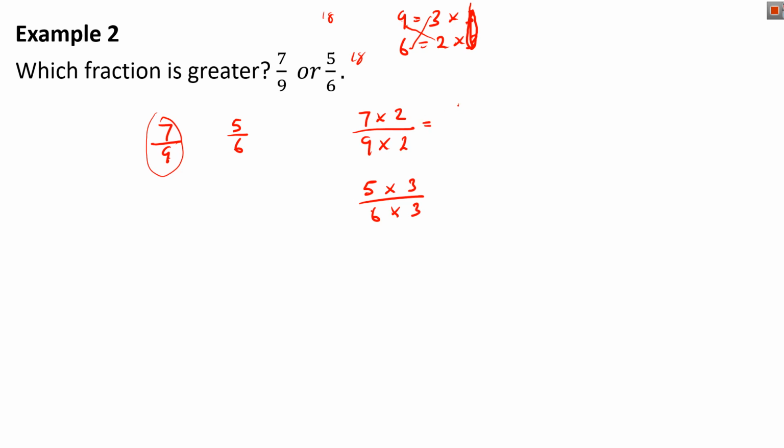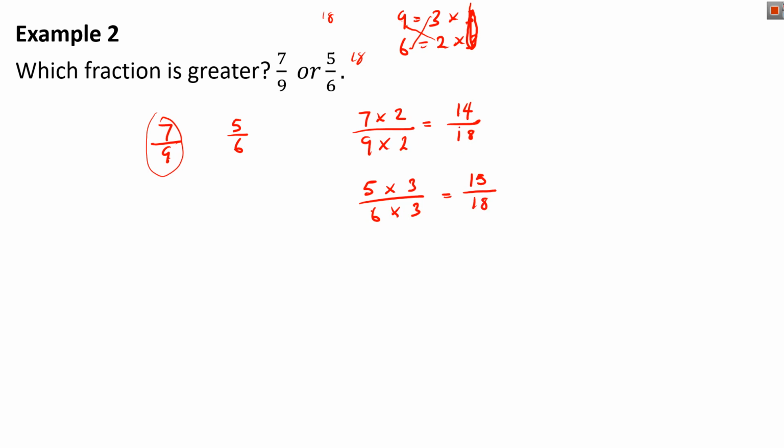So 7 times 2 is what? 14. 9 times 2, 18. 5 times 3, or 3 times 5, 15. 6 times 3, same thing as 3 times 6, 18.